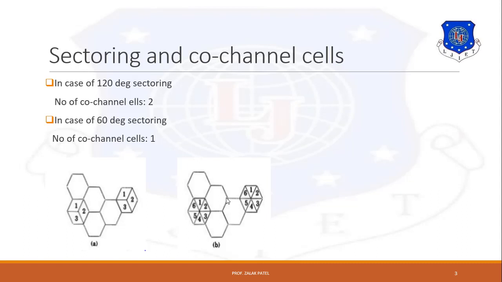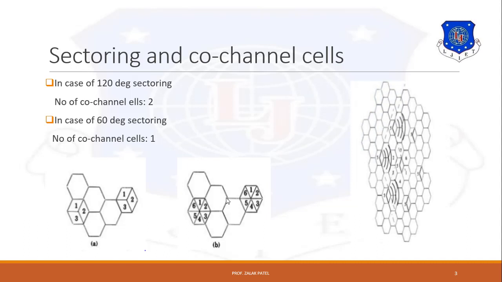Now we understand the role of directional antennas. In this figure you can see that the base station with several directional antennas replaces the omnidirectional antenna. It is possible to reduce the co-channel interference.